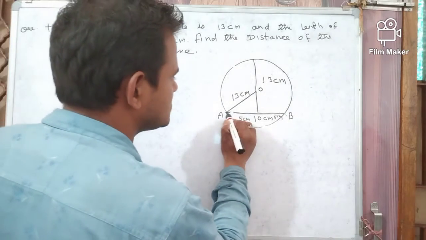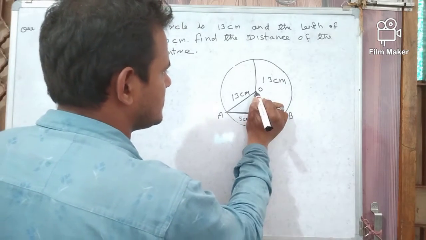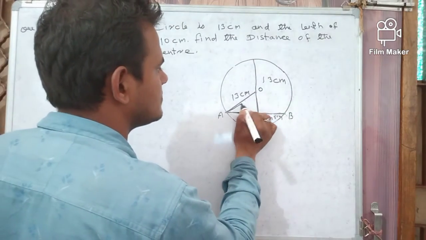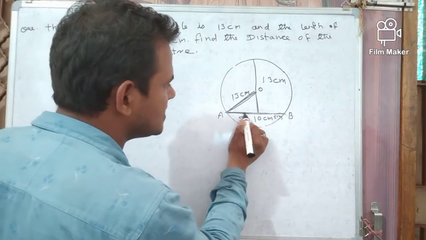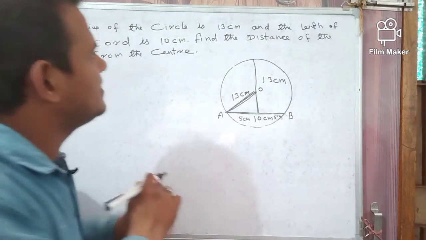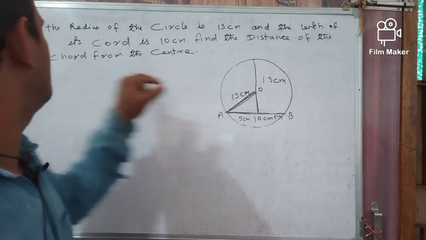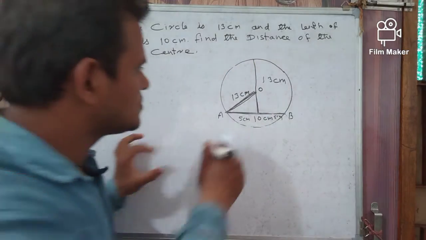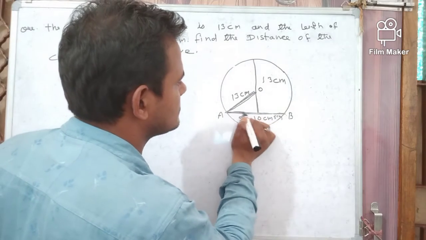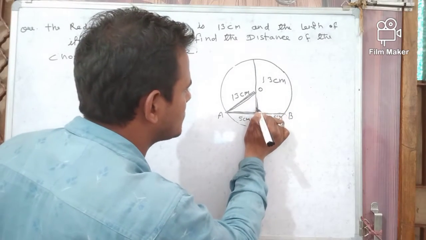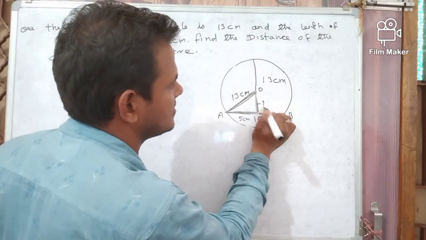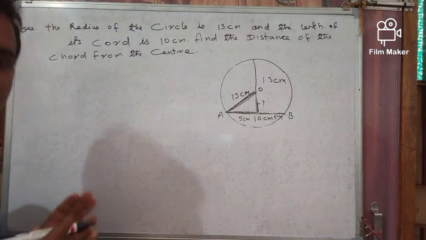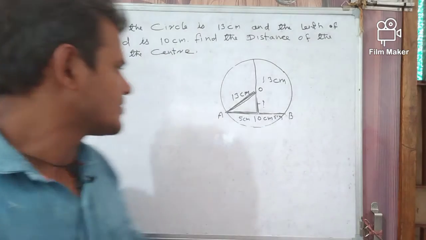So see here friends, this is a triangle and this length is given and this length is given. Our target is to find the distance of the chord from the center, so our target is to find this length. Okay, so by the Pythagorean theorem, see here.